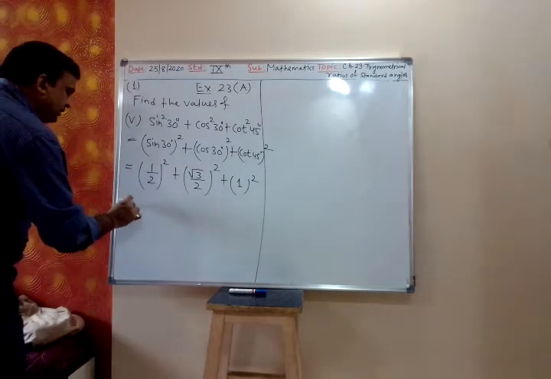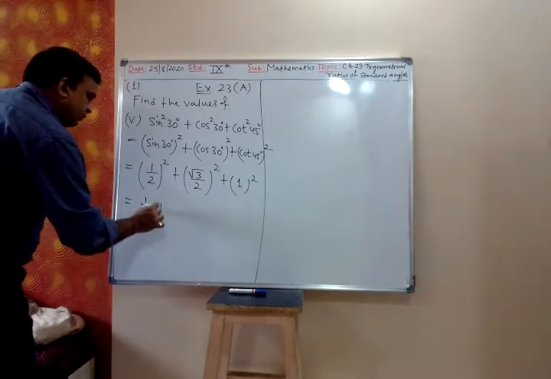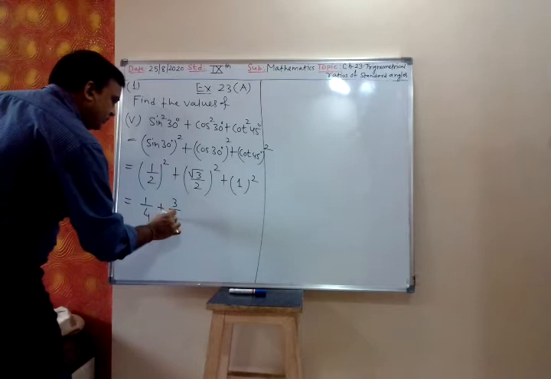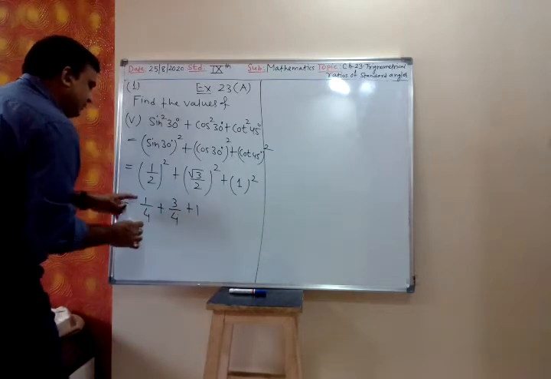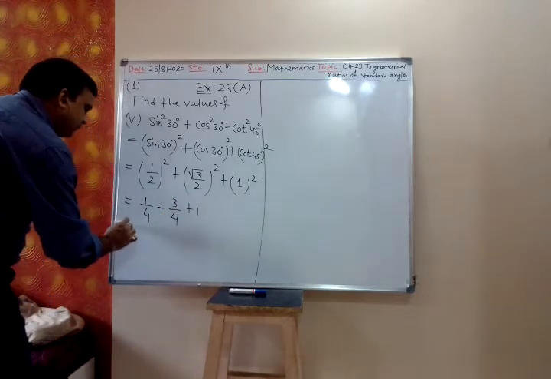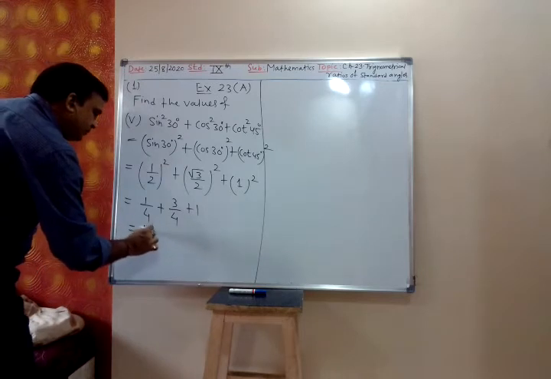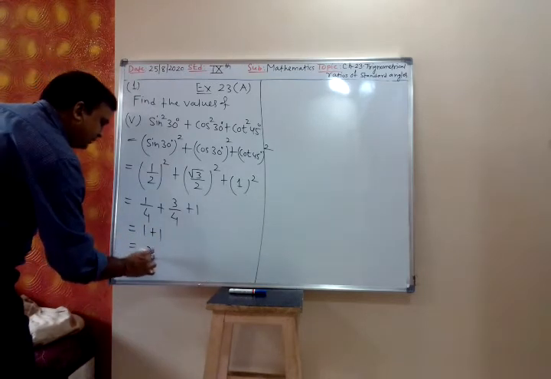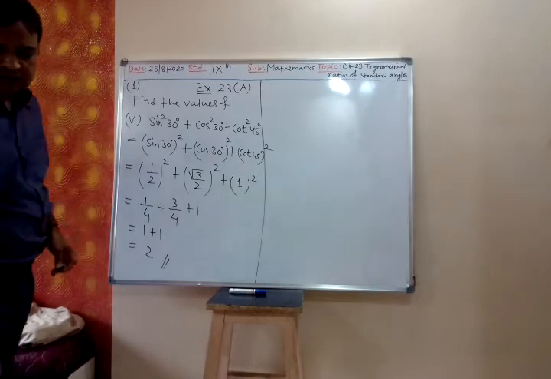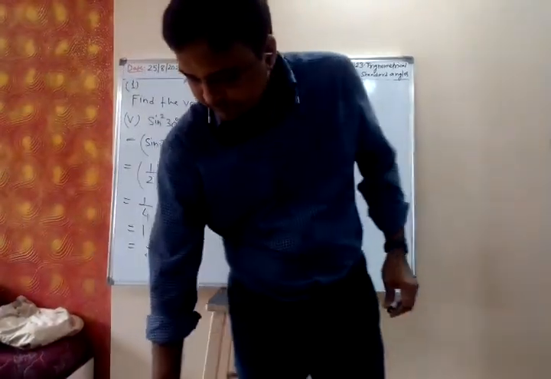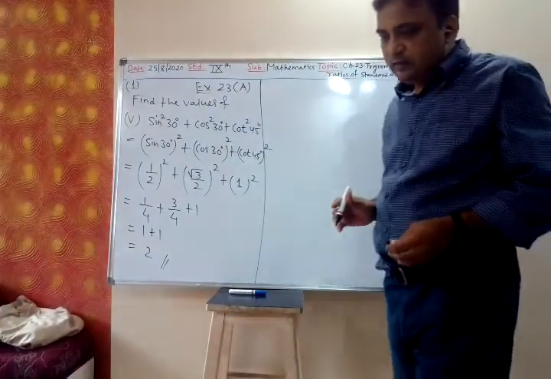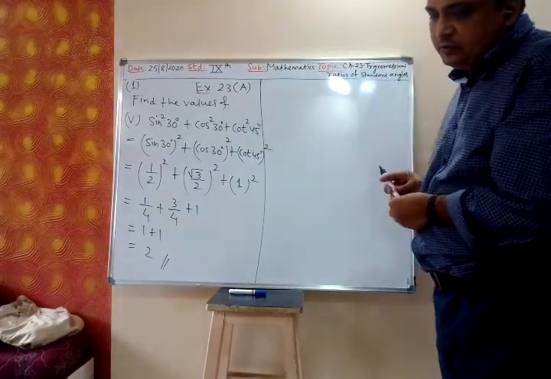So 1 by 2 square is 1 by 4, plus 3 by 4, plus 1. 1 by 4 plus 3 by 4 is 4 by 4. 1 plus 1 is 2. The answer is 2.